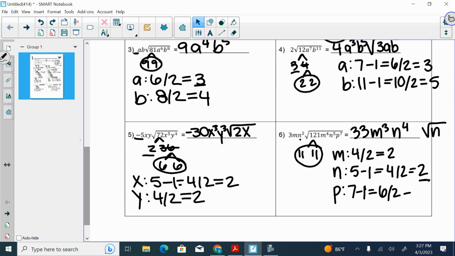Good. Were there already any p's on the outside? No. So we just are gonna put p to the 3, right? We got 3 out here. But were there any leftovers? Yeah, because it was odd. So we got 1 left over that we're gonna put inside. Good job. All right.